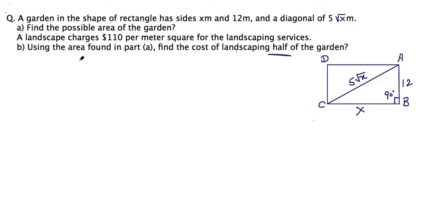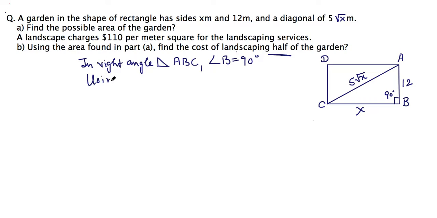So let's write it. In right angle triangle ABC, where angle B is 90 degrees, using Pythagoras theorem, what can we say?